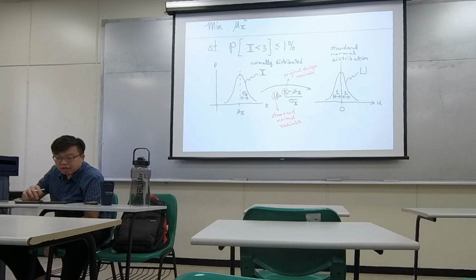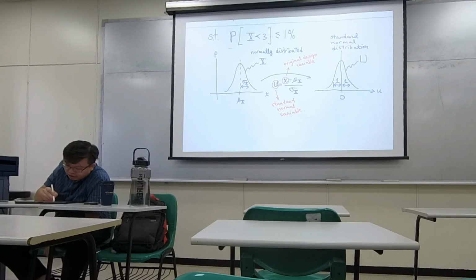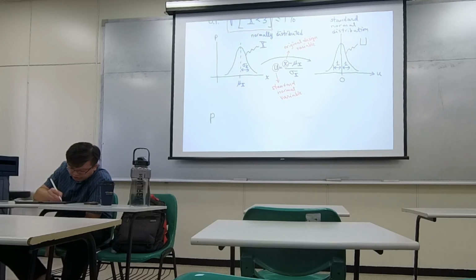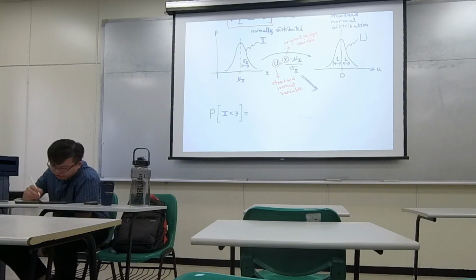Okay, so let's try that. Why do we do that? Because we want to evaluate failure rate. So let's try to do this: X smaller than 3, right? Over here, I can rewrite this equation as follows: X equals mu x plus u times sigma x, right?